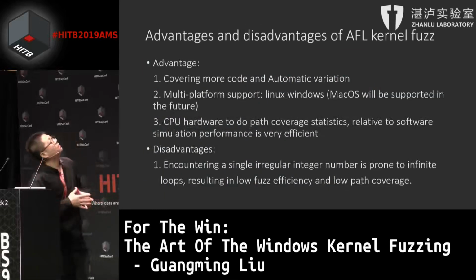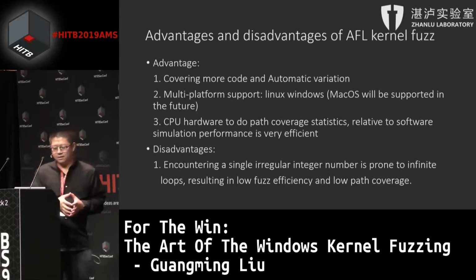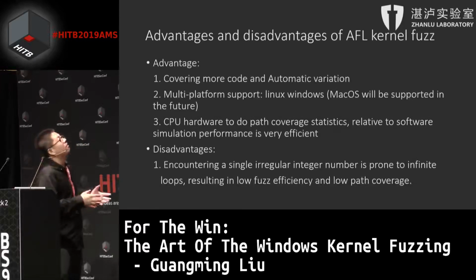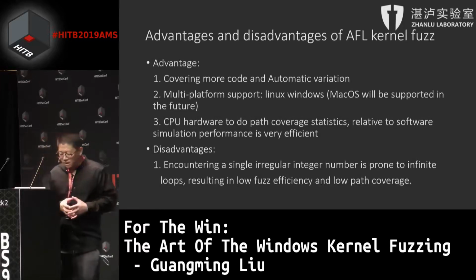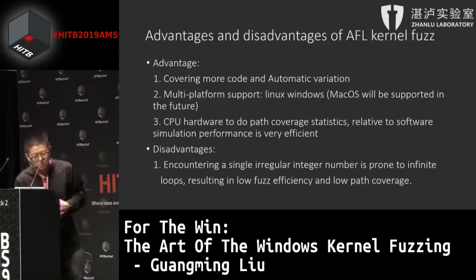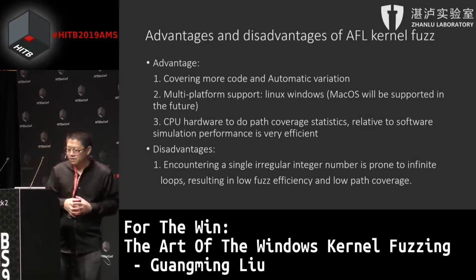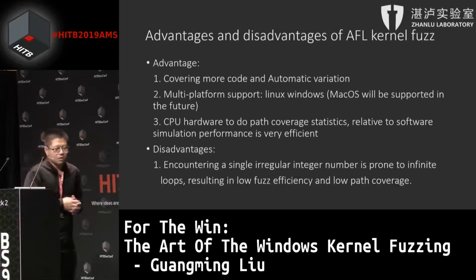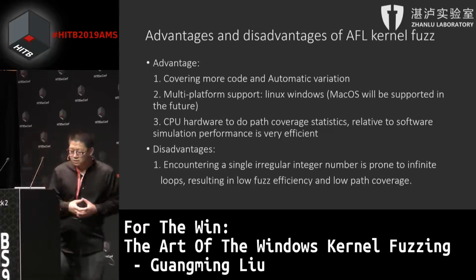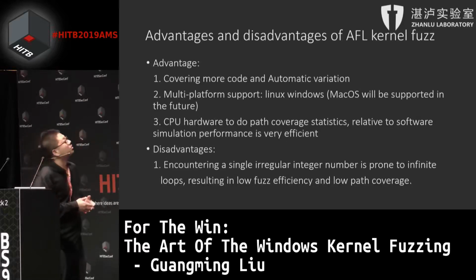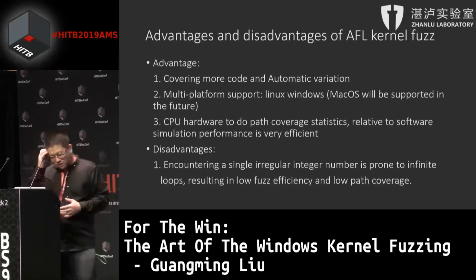Here are the advantages and the disadvantages of the FL kernel fuzz. The advantage is we can cover more code and automatic generation, and the KVM gives multi-platform support. We can fuzz Linux kernel, and Mac OS will be supported in the future.